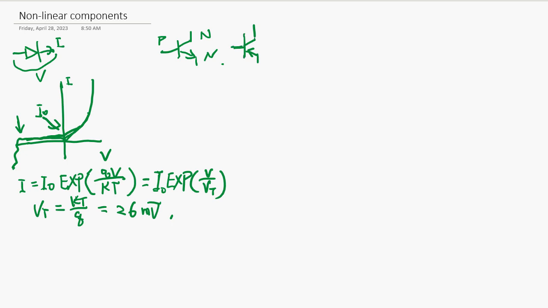In both cases we apply the collector to emitter voltage VCE, and the current is IC. There are not many good books to let you understand what the transistor function is. This is the best way, from my experience, to explain.